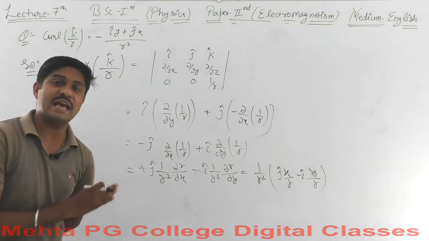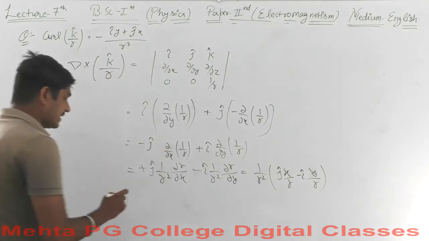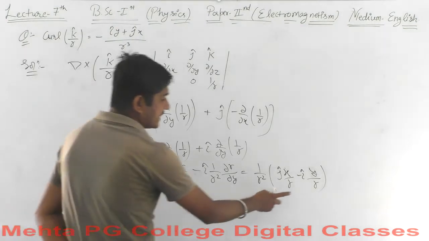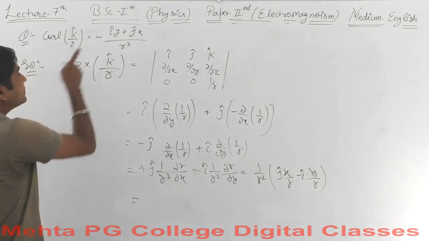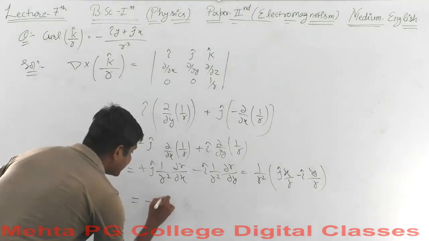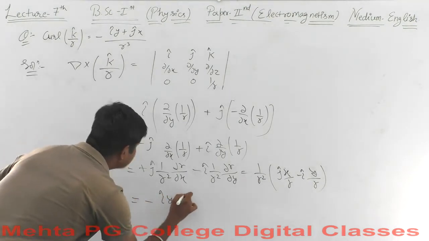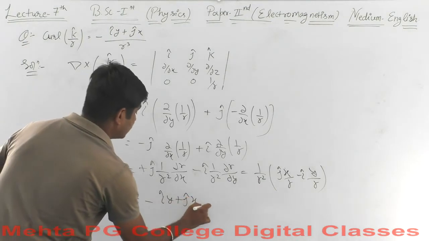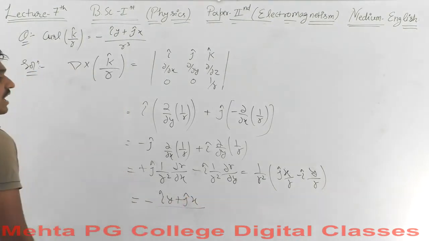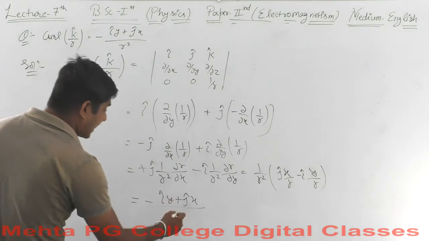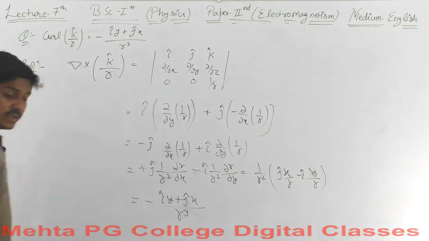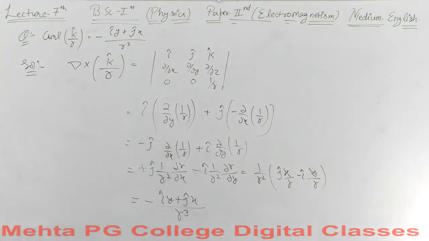Okay, so we will have this result here. We can again take r common outside and we will have minus i cap y plus j cap x upon r cube. So this is what we will have for our result.